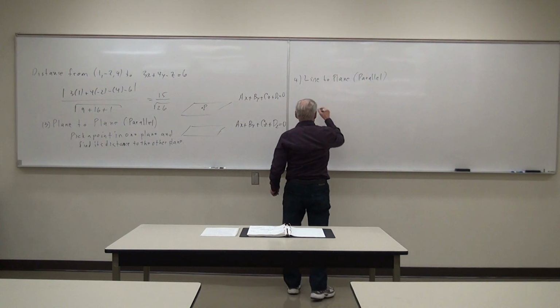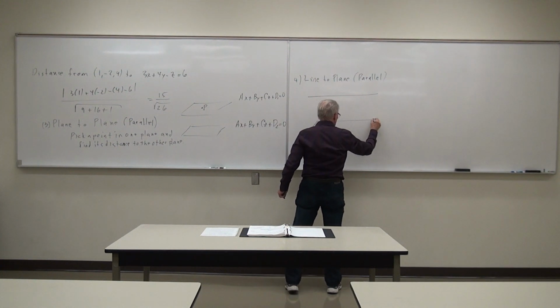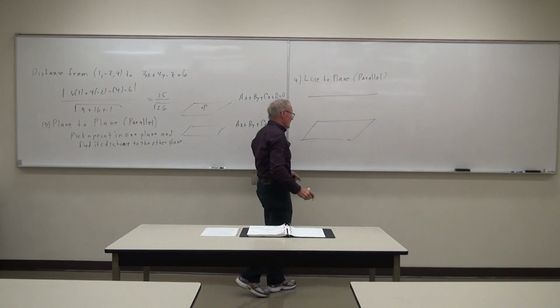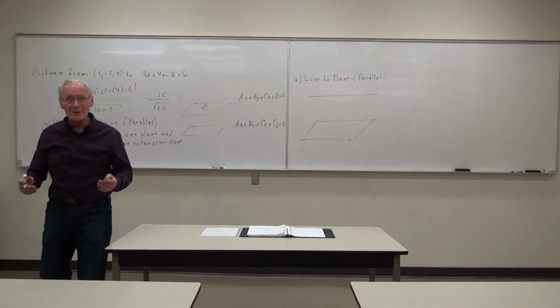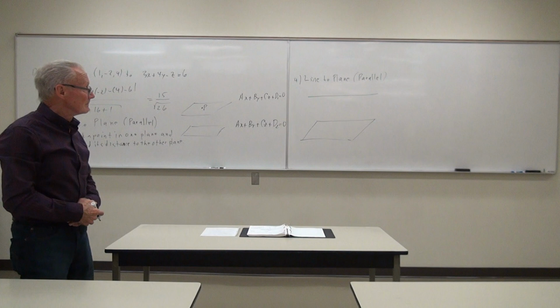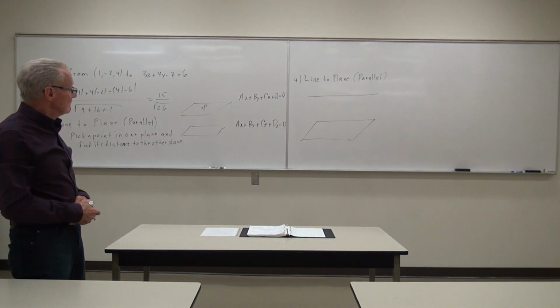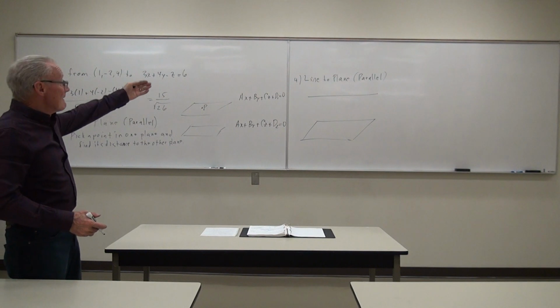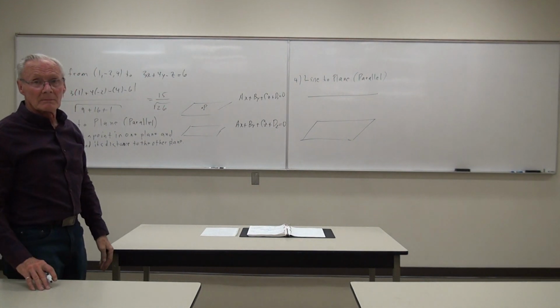So you'd have to say, here's a line, and here's a plane. And the plane and the line are parallel. Otherwise, the distance is 0. How are you going to handle this one? Okay, we do the same thing. Pick a point on the line and take the distance from the point to the plane.